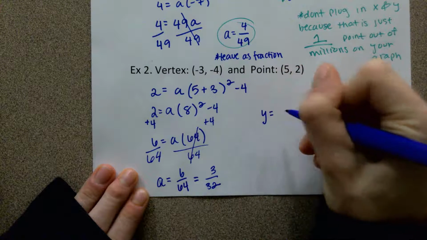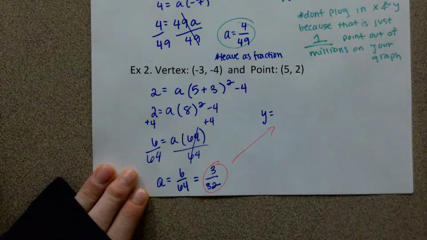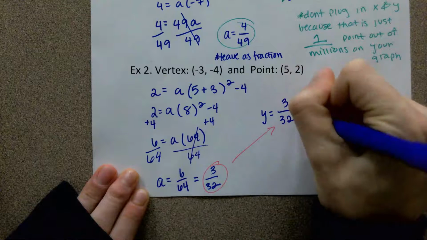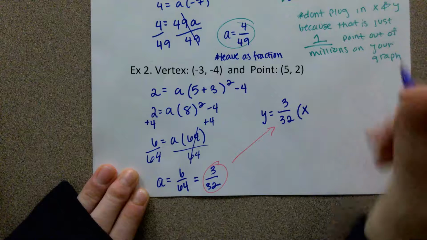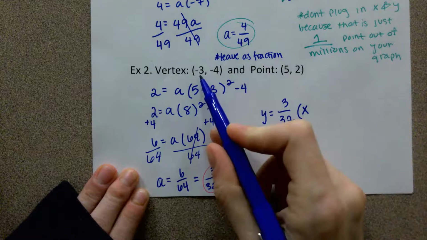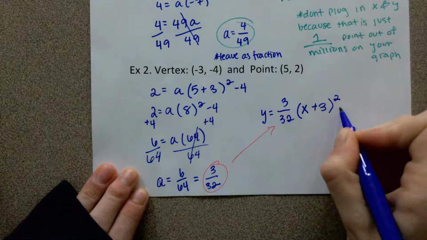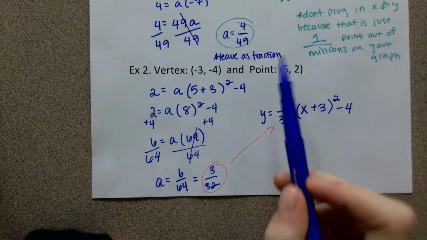We leave y. We plug in our a. We leave x. And we have minus 3, but remember that changes to addition, minus 4. So that is our standard vertex form out of a point and a vertex.